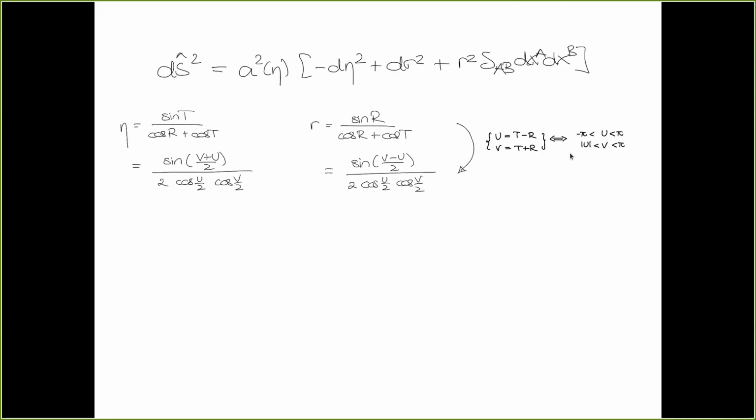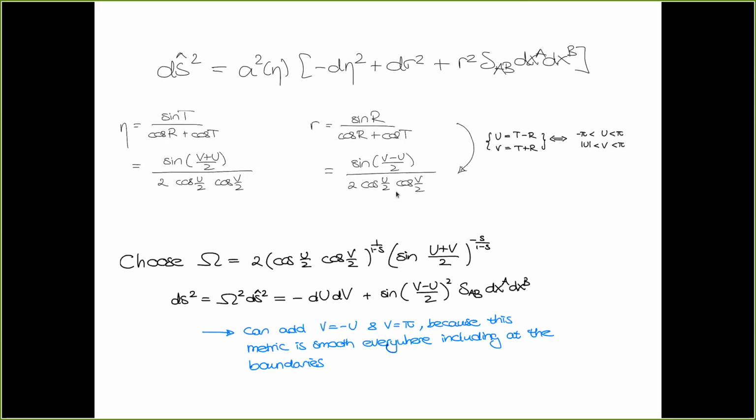In these new compactified null coordinates, we can choose a conformal factor such that the conformally completed metric is just this new, very simple looking metric. And in particular, note an important point here: the points where v equals plus or minus u and where v equals pi are not included. They're not part of the original spacetime.